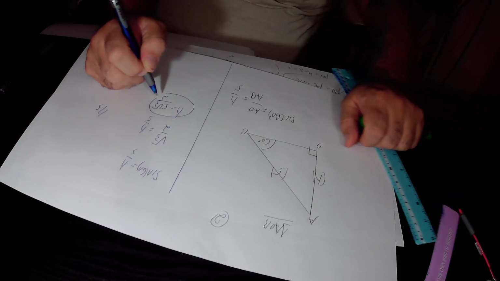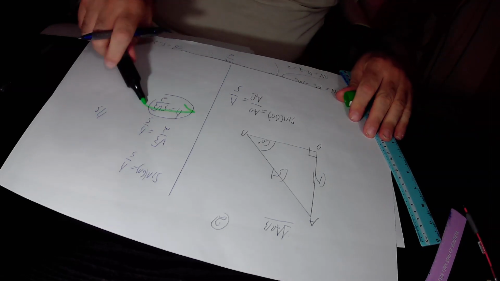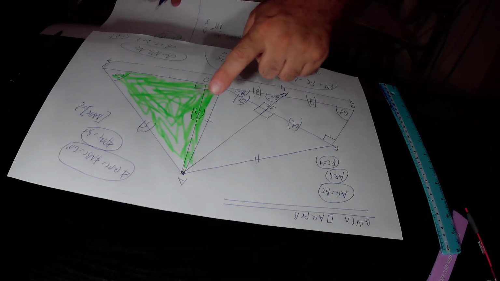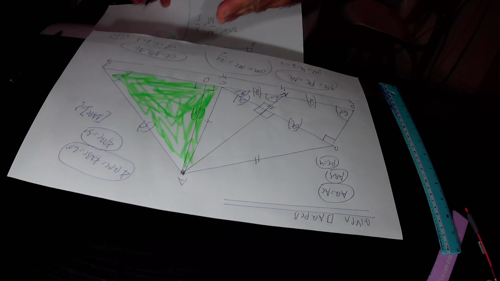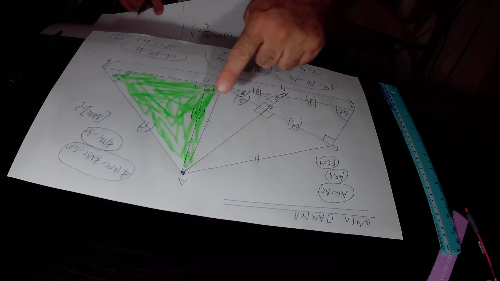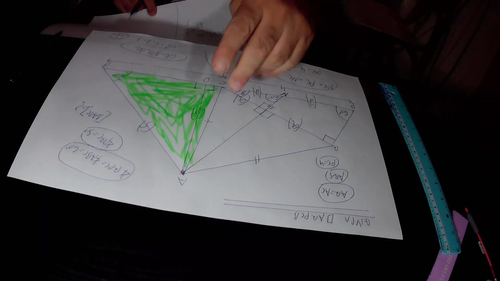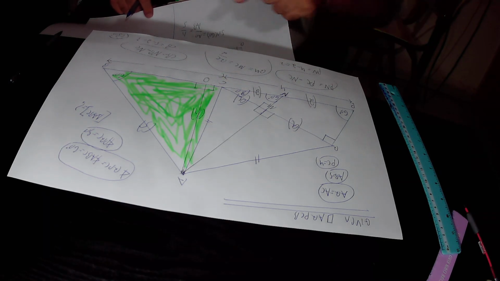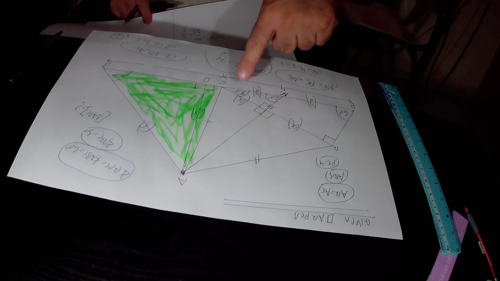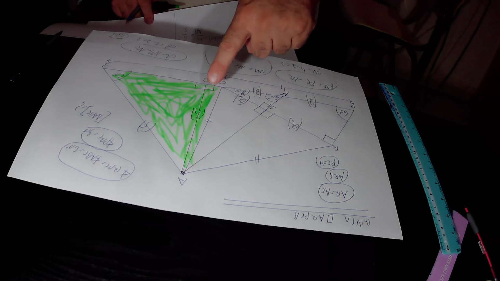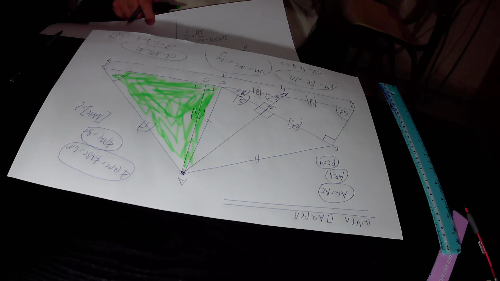So we found out that the height H to the base CB of the green triangle ABC is H, and H equals 5 times square root of 3 over 2 units in its length.